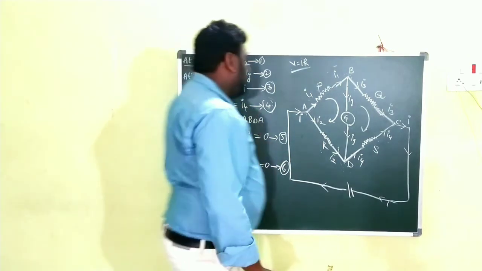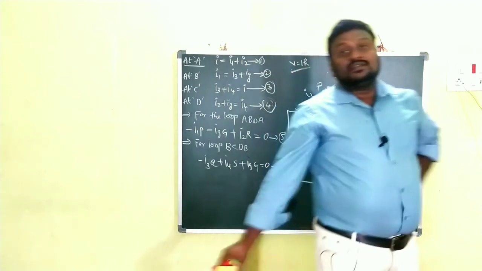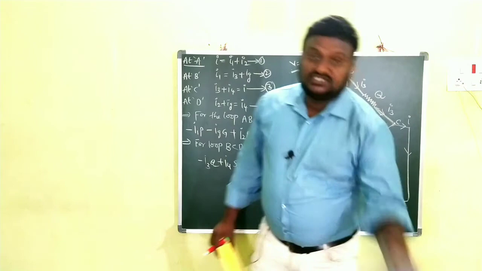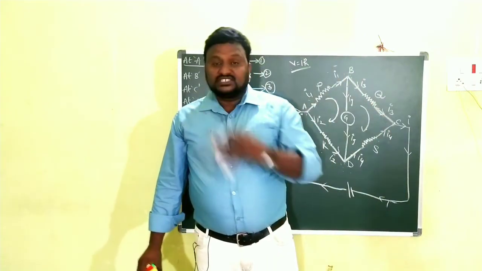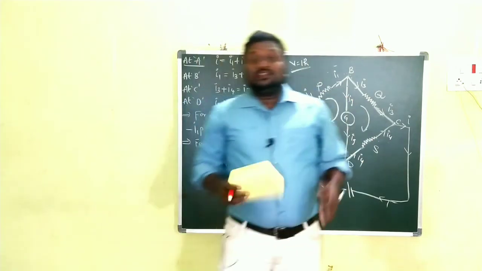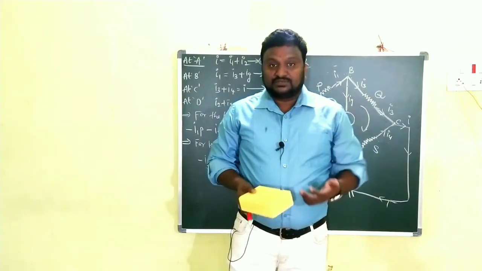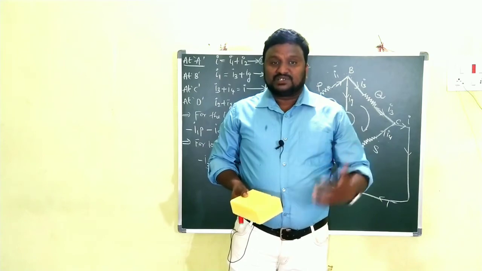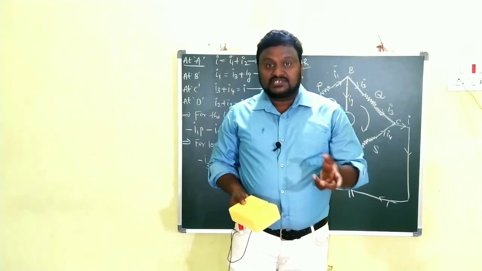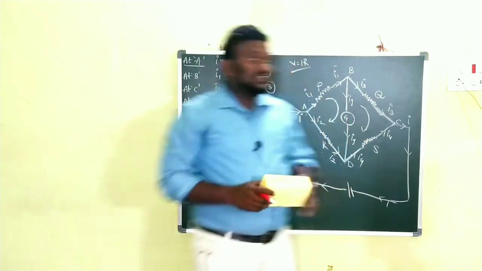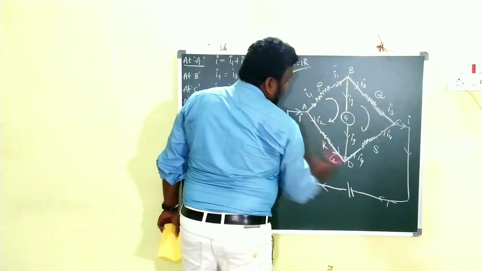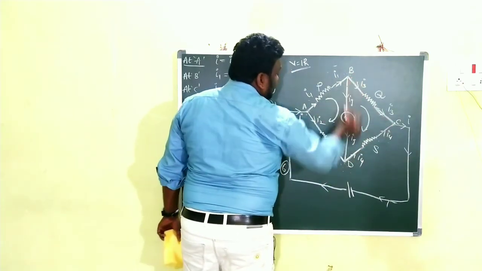So children, in this way we have to apply Kirchhoff's first law and Kirchhoff's second law to that particular circuit of the Wheatstone bridge. Now children, when the current passes through the entire bridge, if no current passes through the galvanometer, the current we are supplying goes like A, B, C and A, D, C. There is no current through the galvanometer.